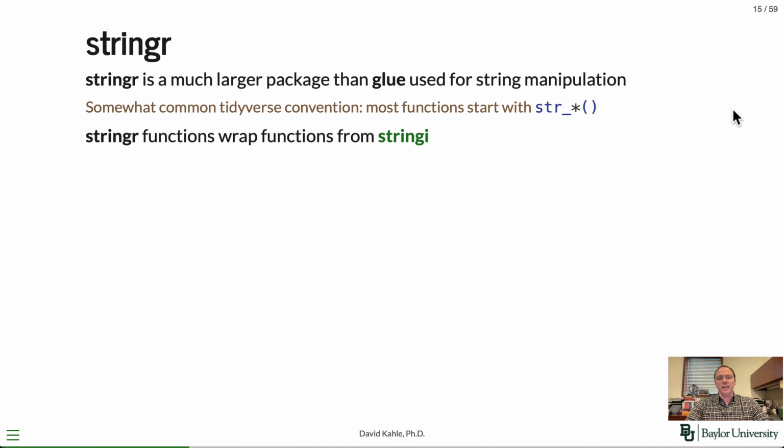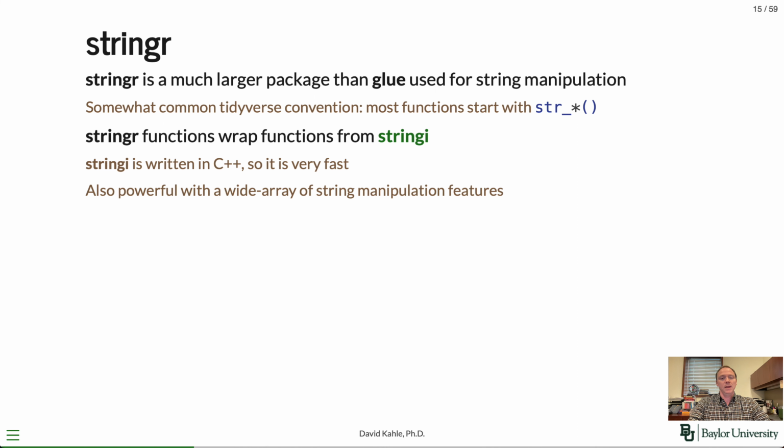And stringi is actually wrapping a lower level C++ library called ICU that is a string processing library. It's very fast because it's written at the C level, so it's compiled, and it's just about as fast as you can get, okay? It also provides a whole bunch of string manipulation features.